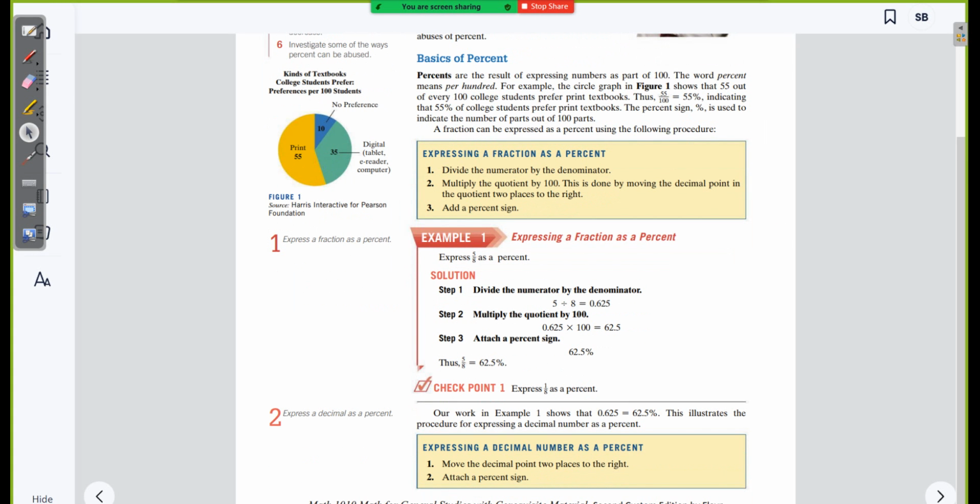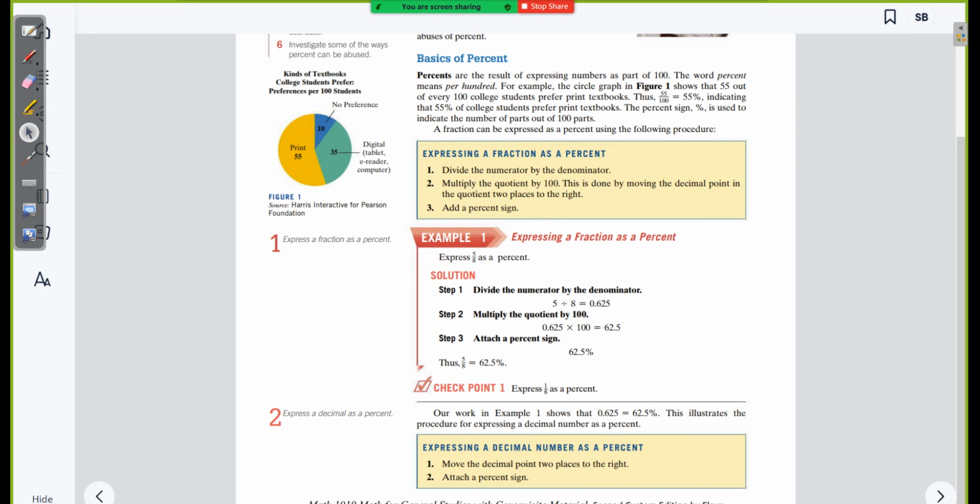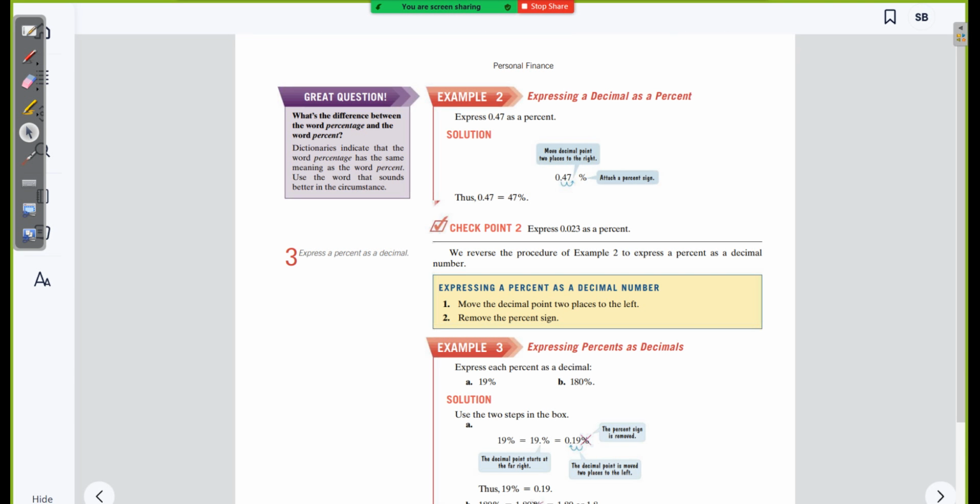Right, next up, we're going to be expressing a decimal number as a percent. So what we're doing here is basically the exact opposite. Let me get the problem up real quick. Alrighty. So this reads: express the decimal as a percent.